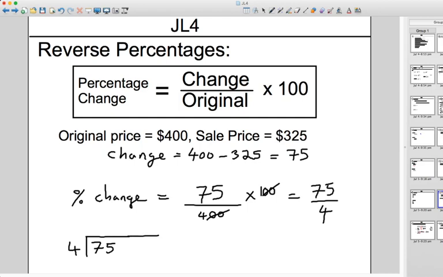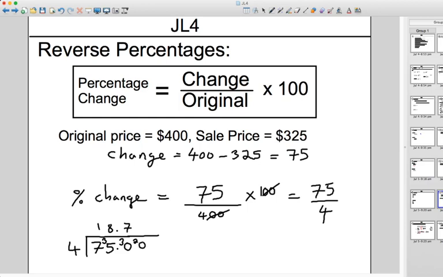4 into 7 goes once, remainder 3. 4 into 35 goes 4 eighths are 32. Decimal points go in, 0 comes in. 4 eighths are 32, 3 remainder. 4 into 30. Well, I should know that 4 sevens make 28 with 2 remainder.